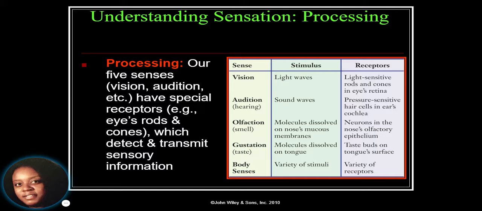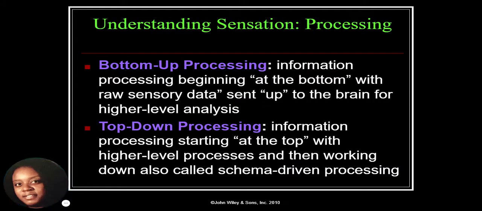Olfaction is your sense of smell, which has to do with mucous membranes in the olfactory epithelium. And gustation is your sense of taste, which has to do with molecules that exist on your tongue. And then your body sensations are a combination of different stimuli that help you feel something.